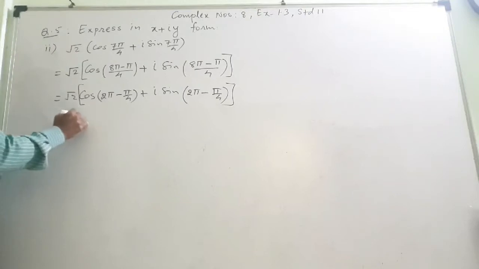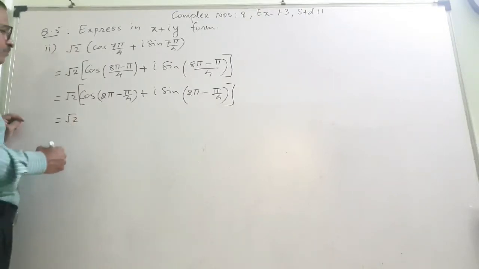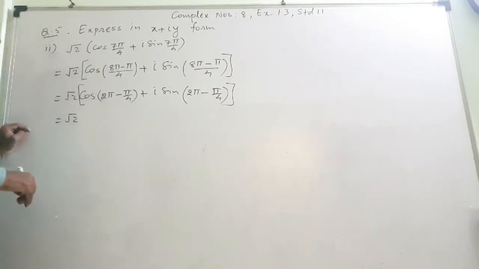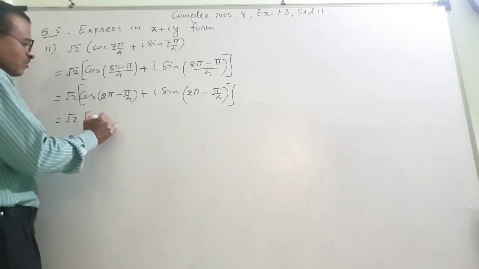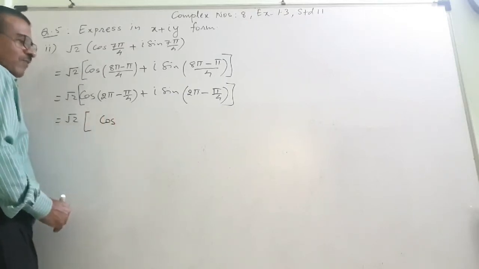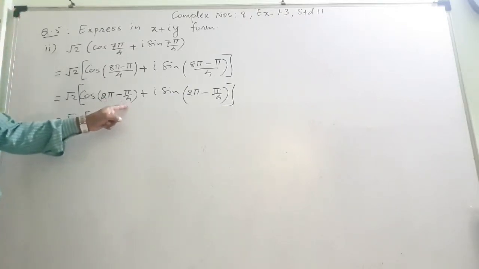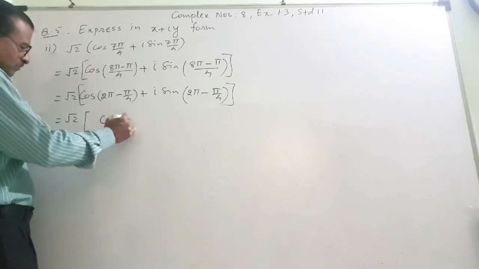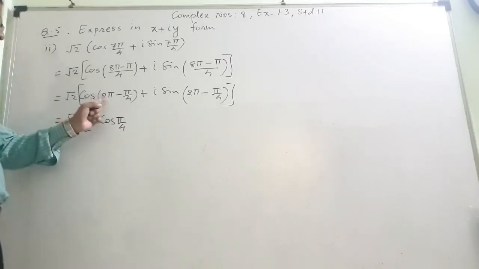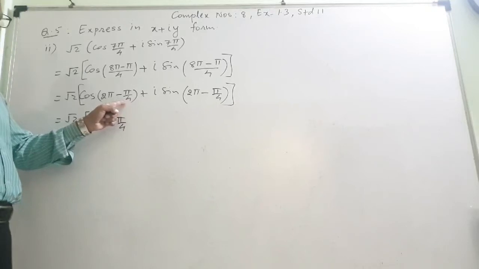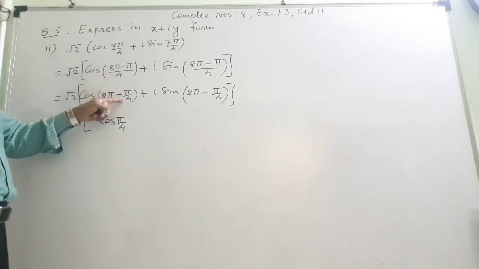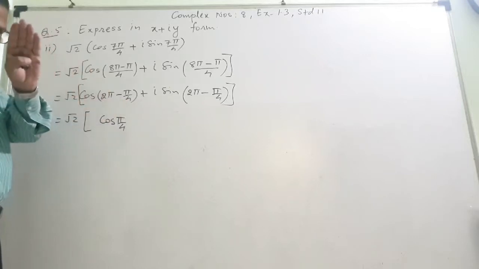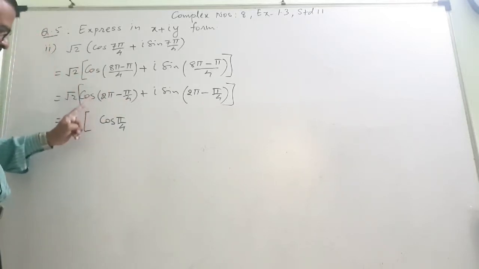That is equal to root 2 into. What I know is, if I add or subtract from 2 pi, the ratio remains the same, so it will be cos of pi by 4. Now whether this will be positive or negative, that I have to search. 2 pi means 360, and I have subtracted 45, which means I am in the fourth quadrant, and in the fourth quadrant cos is positive.